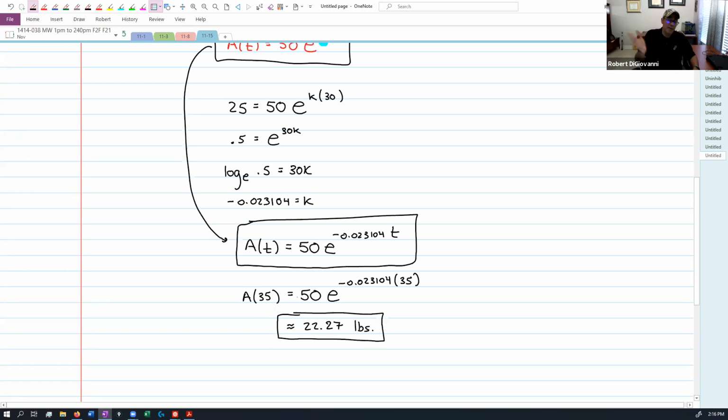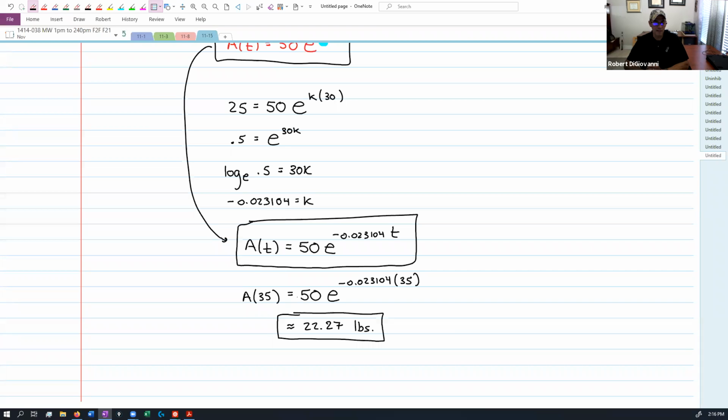So half of it has decayed, but there's still 22.27 pounds of this stuff, which is why nobody's there. Okay, because you still have a lot of it there. And when you think of it this way, in another 30 years, half of it will be gone. You'll still have about 11 pounds there in another 30 years.